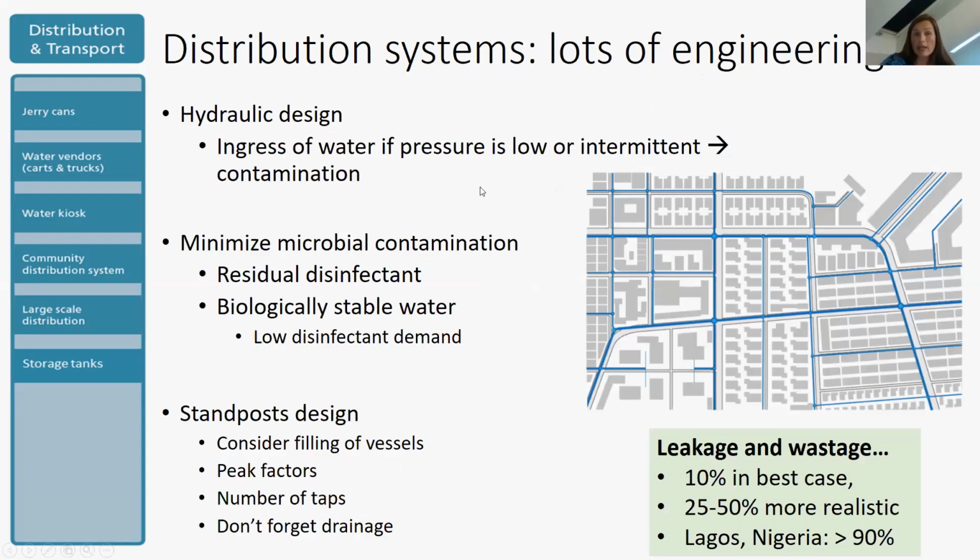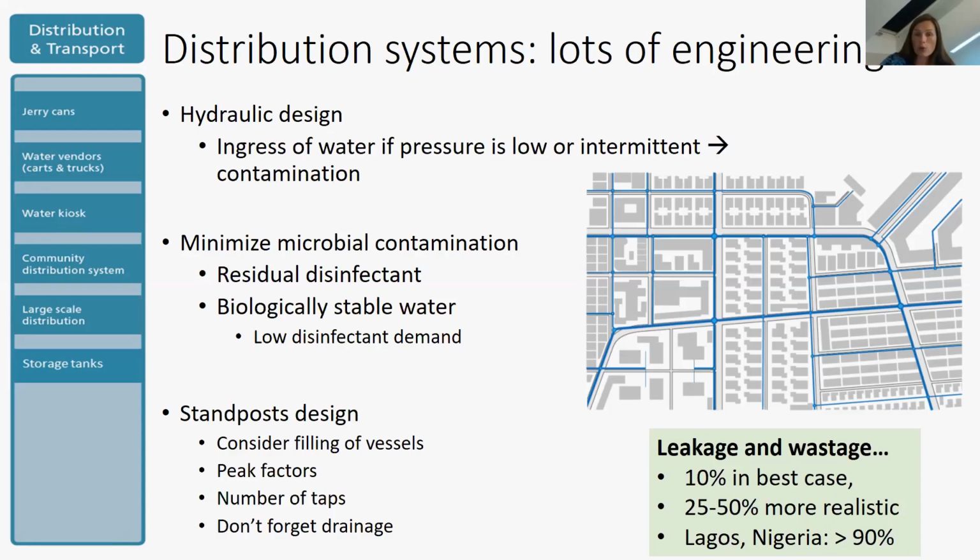They are complicated systems. You need to understand the hydraulic design to be able to plan this kind of system. You need to find ways to minimize microbial contamination and design standpipes which are sufficient for filling enough vessels if you don't distribute to household level. Another point we need to consider is the leakage and wastage of water in distribution systems, which can be extremely high.